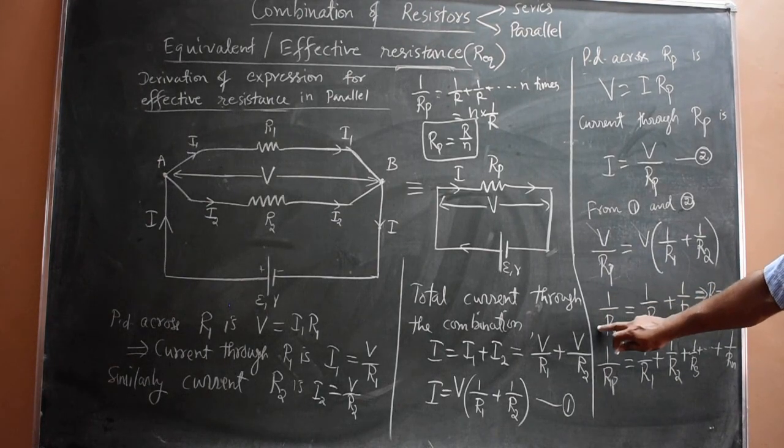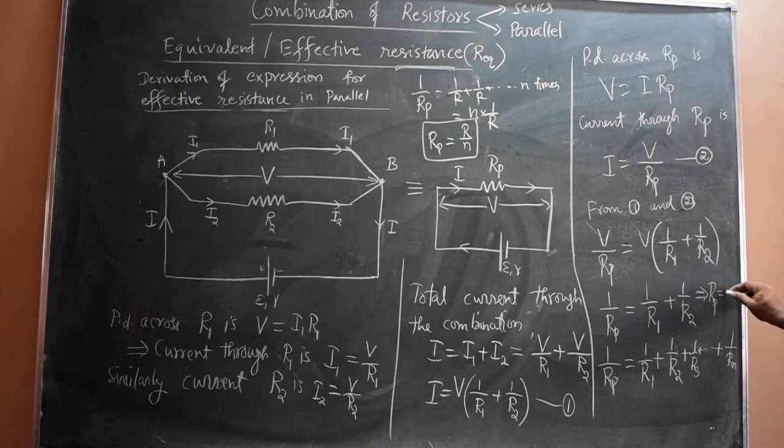So this side it is 1 by Rp. Taking reciprocal we can write Rp equal to R1 into R2 in the numerator, denominator will be R1 plus R2. Okay, so Rp in case of two resistors in parallel is defined as R1 R2 multiplication divided by the sum of resistances R1 and R2. That's all about today's class.